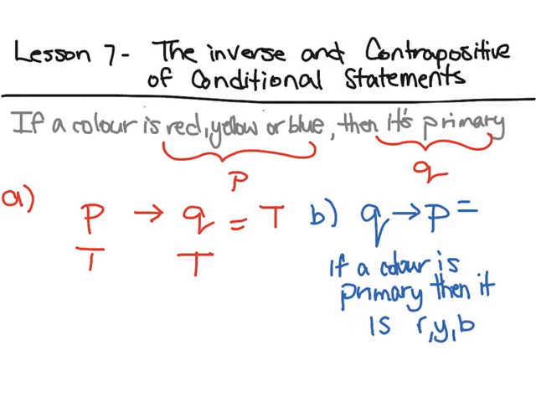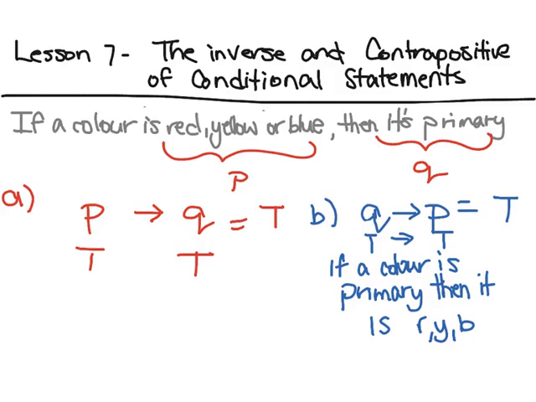So if a color's primary is true, then it is red, yellow, or blue is also true because all of our primary colors are red, yellow, and blue. So our converse is also true.